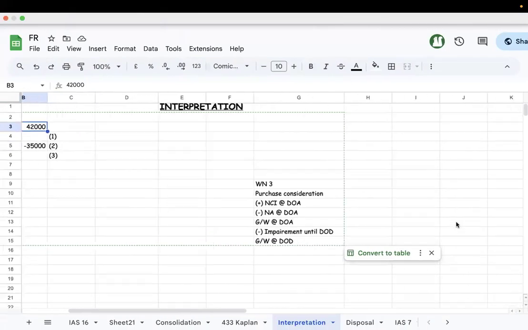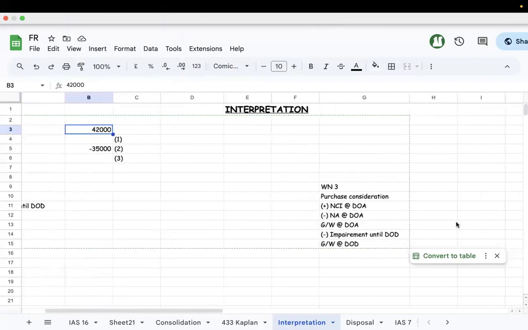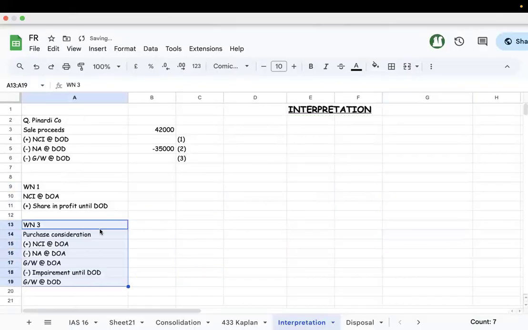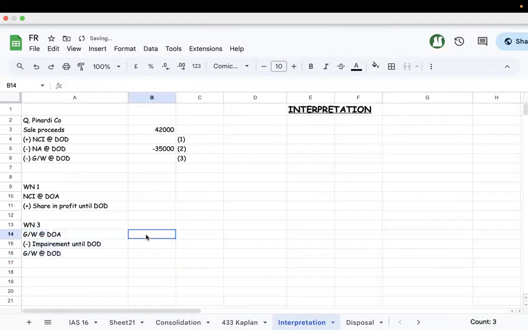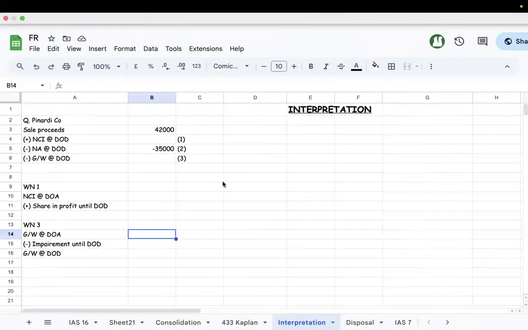Where is the goodwill? Never mind, wait. We need to skip all this because they have already given you goodwill at DOA. And that is 6 million.